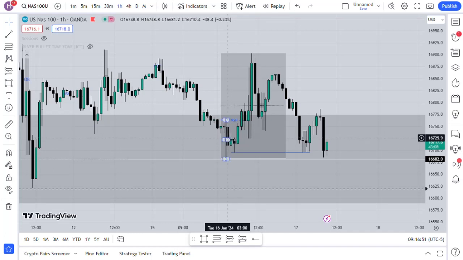This black candle I will categorize as a very nice fair value, a very nice order block, which resisted the price from going down, and it is the last candle which took out this low. When this order block is violated to the upside and this high is taken out, I will categorize it as a very nice market structure shift.